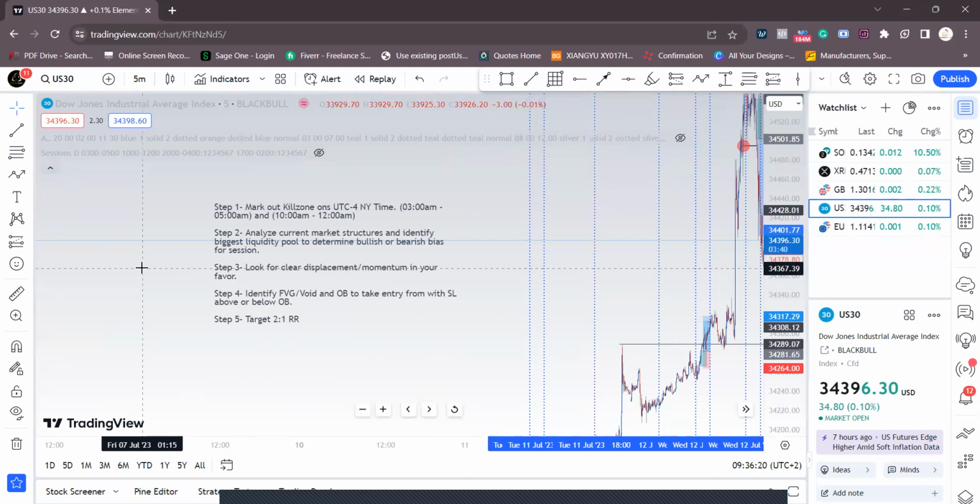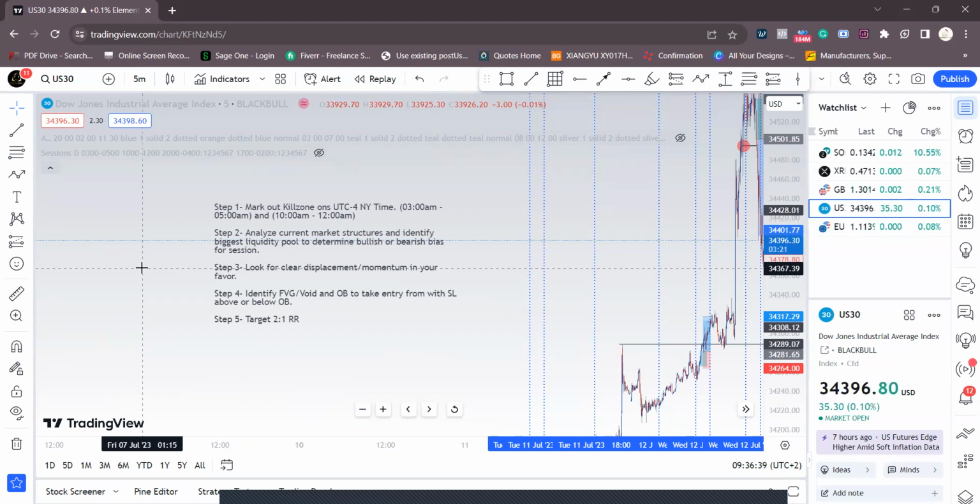Then step 3, look for clear displacement, break of structure, and momentum candles in your favor, because that's the only momentum that can give you fair value gaps to enter from. Then identify your fair value gap, your void, and your order block, and take your entry on the fair value gap.